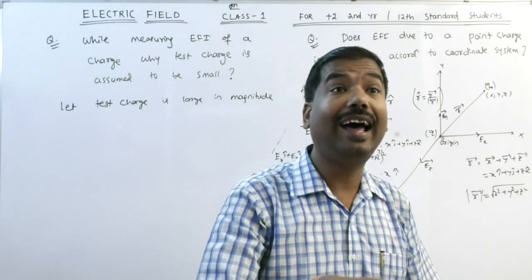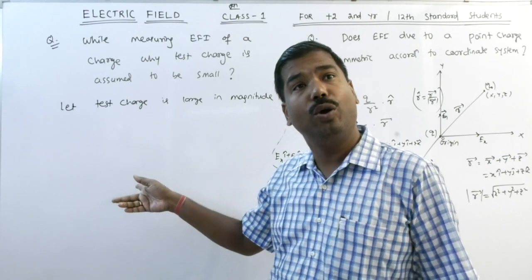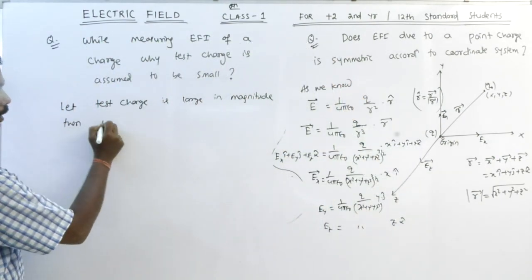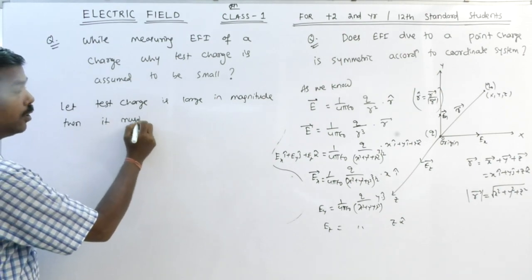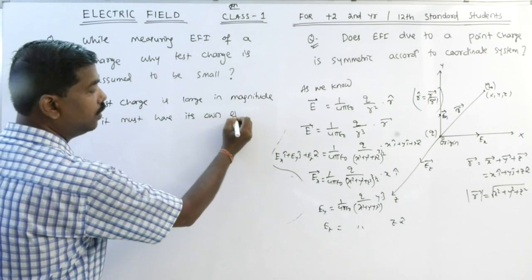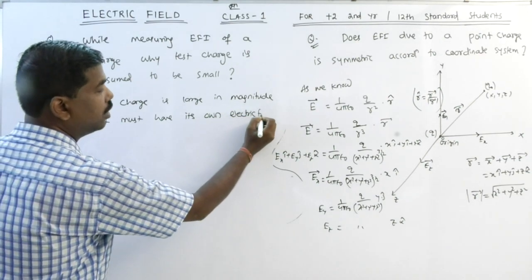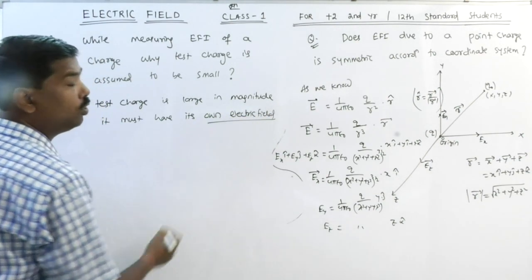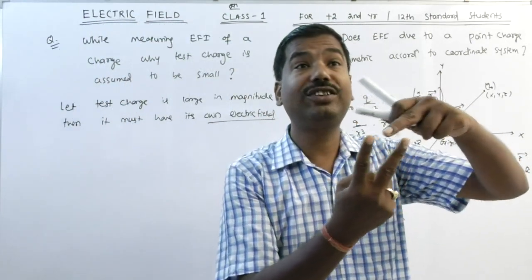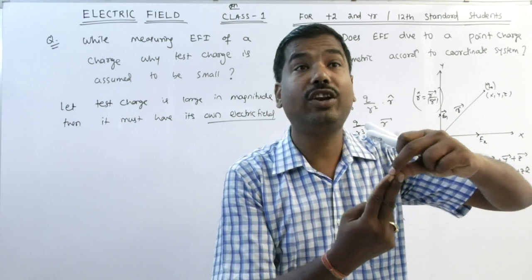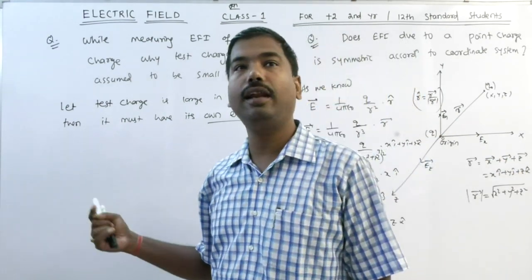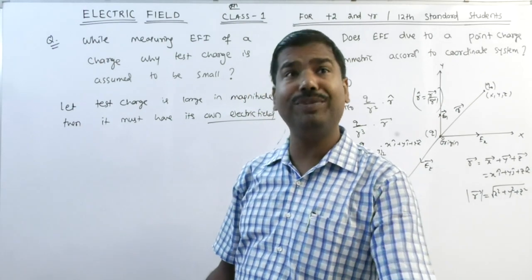If the charge is large, it must have its own electric field. We know that according to the vector addition law, if there are two vectors, then the resultant vector is either their addition or subtraction or in between that.